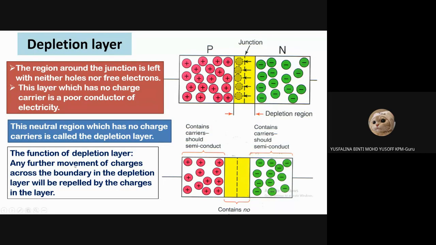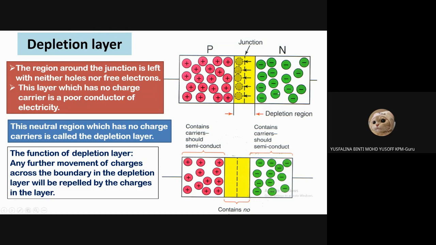Any further movement of charge across the boundary will be repelled by the charge in the depletion layer. Let's say this one wants to move here, this one wants to move here. It will be repelled by the charge in the layer, which means it will not move. This one does not go here anymore.